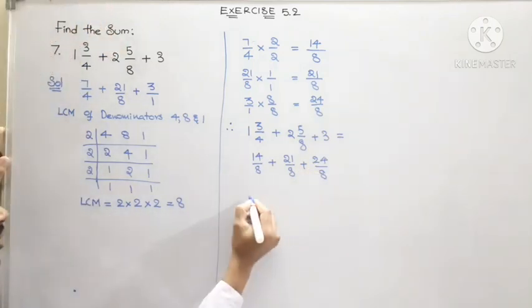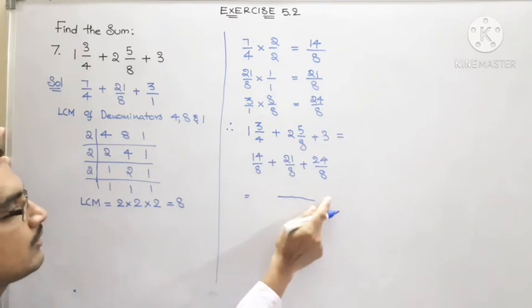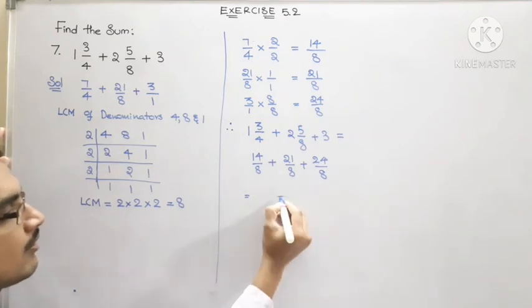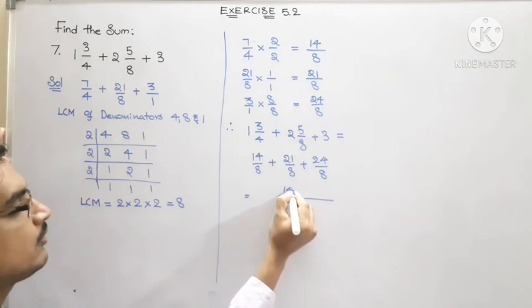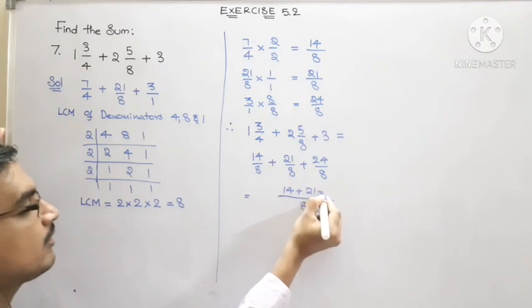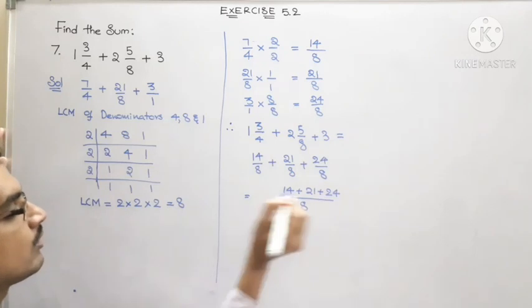Now we got a common denominator, which is equal to 8. Now addition of the numerators, 14 plus 21 plus 24.